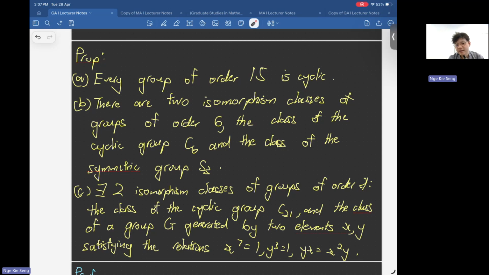I'll let you read yourself. I listed these results from Artin, and there are also examples in Chapter 0 Algebra. There are other examples there you can look at, but these are the ones that I found from Artin.